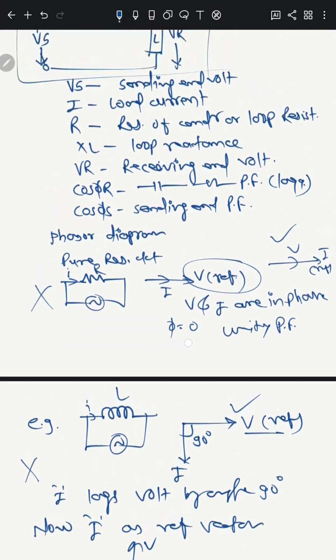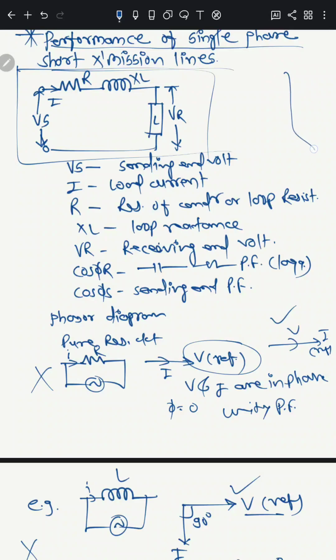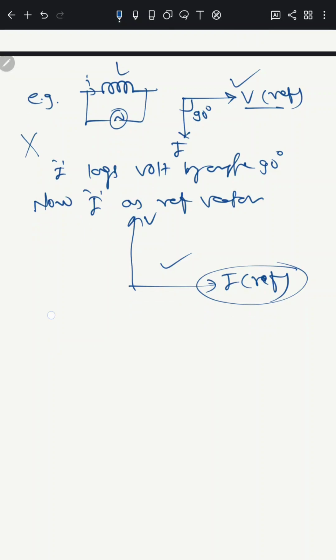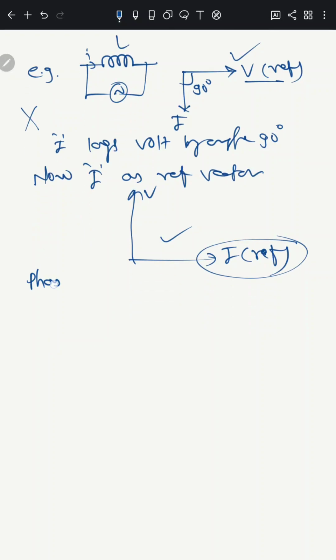Again we start from this point, and I will draw the phasor diagram considering current as the reference vector.